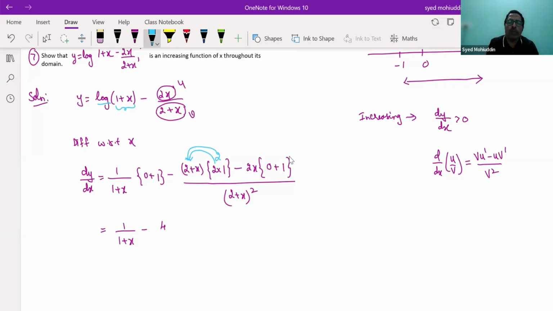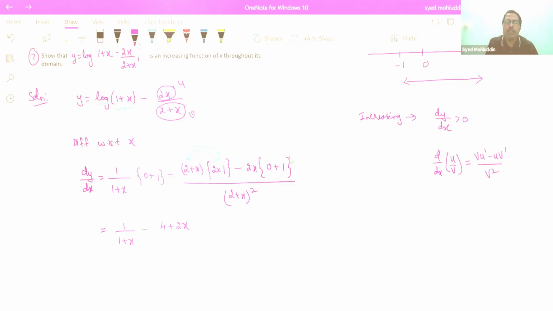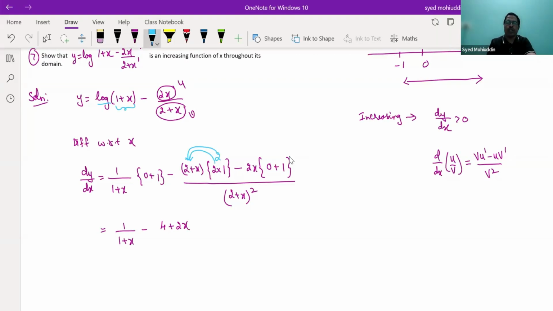Then plus, again multiply this 2 with x, you'll be getting 2x. This is done. The next value that you have is minus 2x, multiplied by 1, so you'll get minus 2x. The whole is divided by the denominator value, which will be 2 plus x whole square.